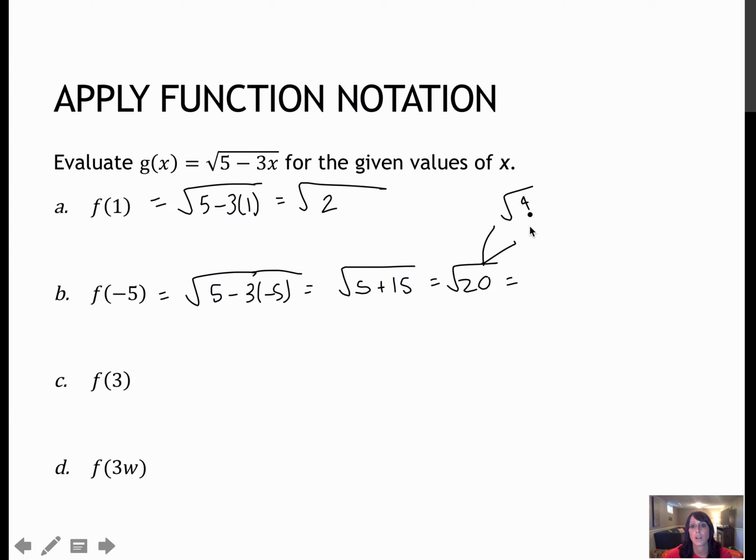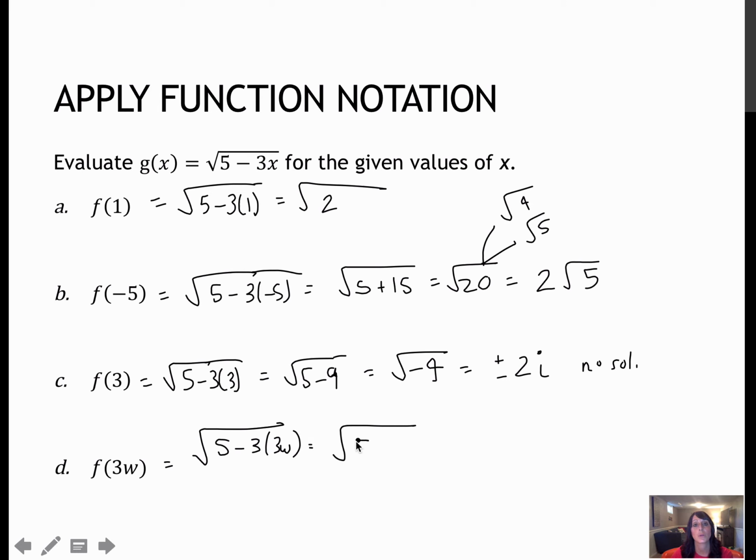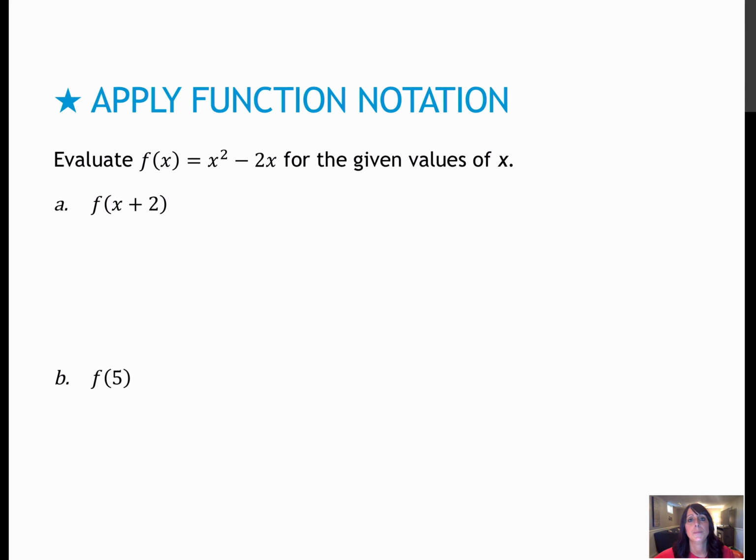Last one, 3w, would be 5 minus 3 times 3w, which would be the square root of 5 minus 9w. Not a darn thing I can do about that, so that's as simplified as it gets. For this last question, go ahead and try it on your own and then press play to check your work.